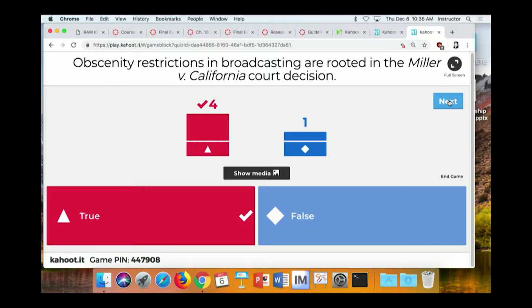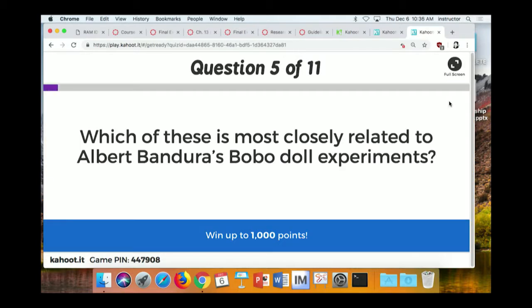And Miller challenged it all the way up to the Supreme Court, which said, well, California, you have to be more clear in your definition of what obscenity is. So right now, the states do make those determinations regarding obscenity, and that was the outcome of that was part of the Miller v. California decision.